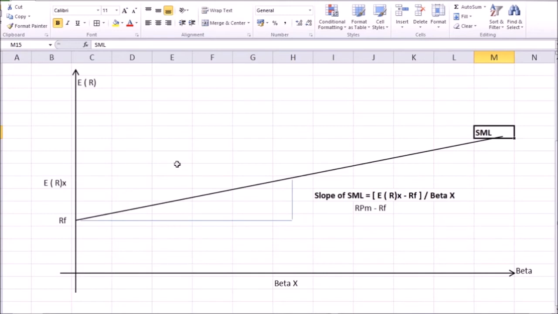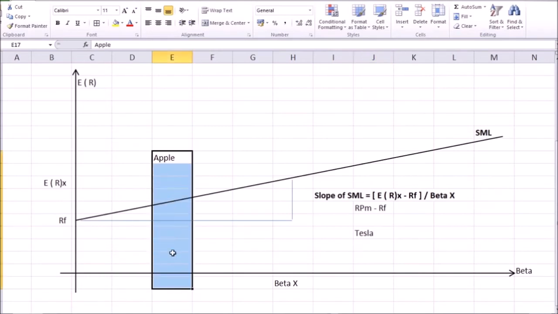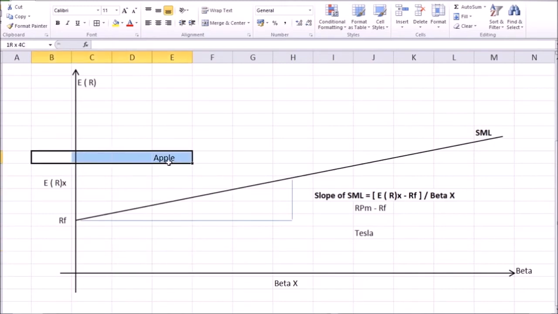And here's the intuition. Say we have Apple somewhere here, pretty high above the security market line, and say we have Tesla somewhere here, quite a bit lower below that security market line. What it means is that while the beta for Apple is relatively low, the risks of investing into Apple are relatively low, the expected returns are pretty high. That will create a lot of demand for Apple shares, and a rising demand for Apple shares will increase the stock price.